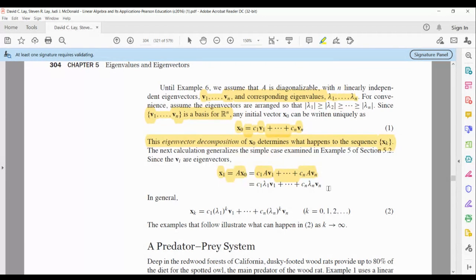All you're doing, in equation 1, is multiplying that vector equation through by the matrix A, and then you can factor through the constants. But remember, the v vectors are eigenvectors, and so A times v1 equals lambda 1 times v1, A times v2 equals lambda 2 times v2, and so forth. So x sub 1 is written the way it is.